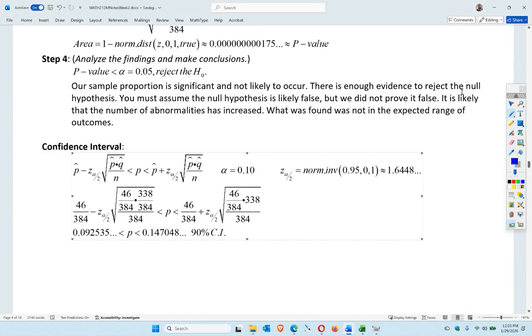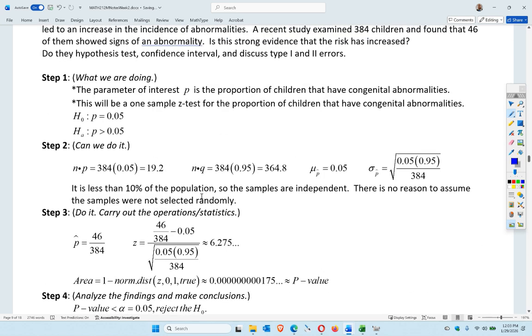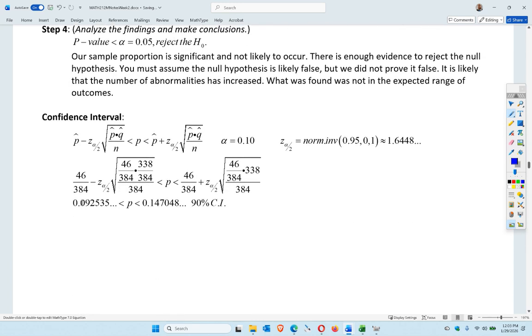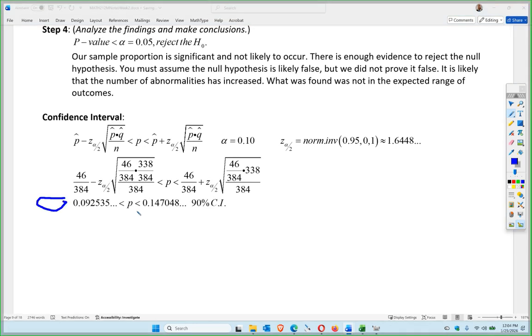So what do we notice? Well, our original value was 0.05, correct? That's what we thought, the 5%. Is the 5% in this? Well, that's 9%, that's 14%. So 5% is over here, right? It's not in the confidence interval, right?